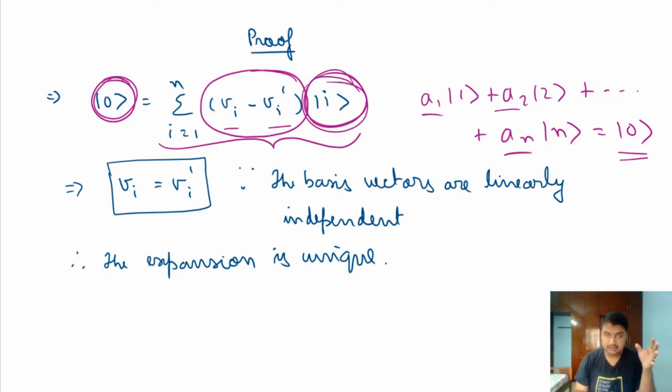This means that vi must be equal to vi dash. This implies that the expansion is going to be unique.